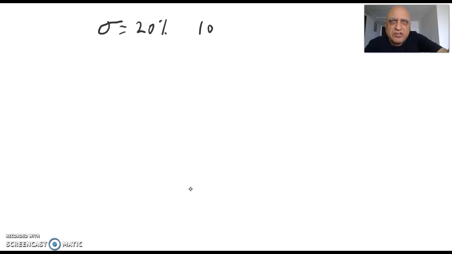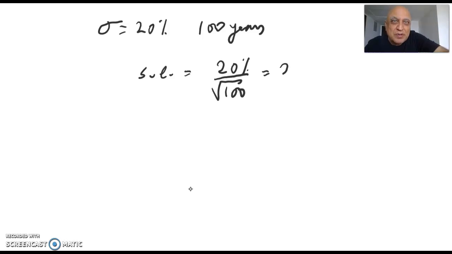Even with 100 years of observations, if I take the mean of 100 years, the standard error is 20% divided by square root of 100. So that's 2%, which is very large.